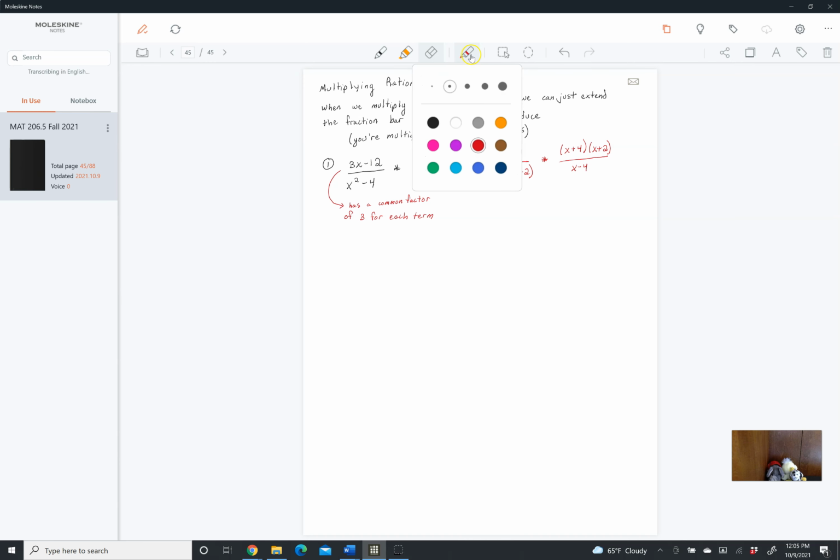Okay. And actually what we're doing is we're saying, now that this is all factored, we could just treat it as one fraction. If we wanted to multiply across beforehand, all we would be doing is putting this in parentheses and this in parentheses and then factoring. Eventually you'll wind up with this.